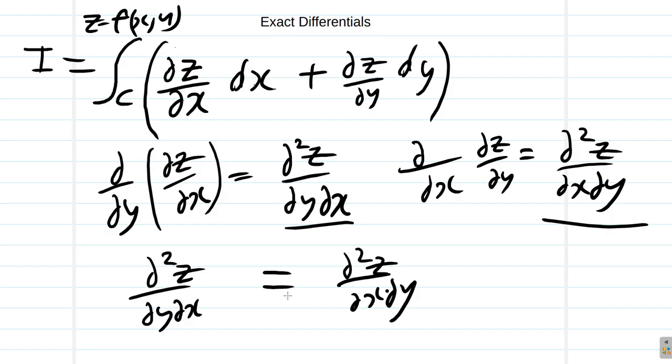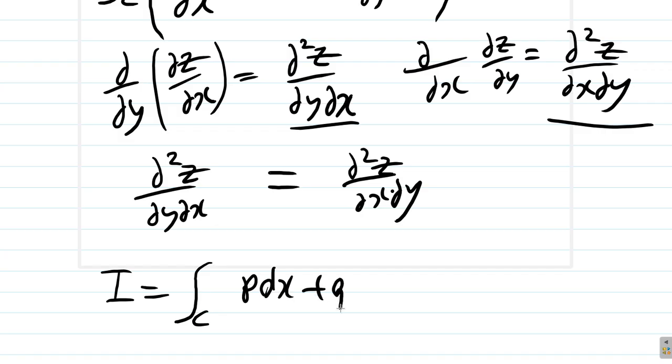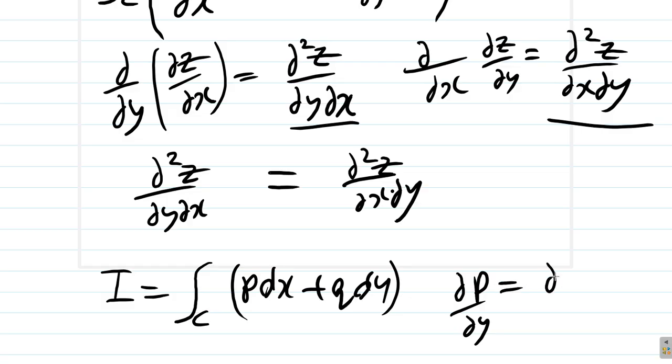So, one way to test if an integral is an exact differential, where you have a line integral along a curve, if it's in the form p dx plus q dy, what you do is find the derivative of p with respect to y and see if it is equal to the derivative of q with respect to x.